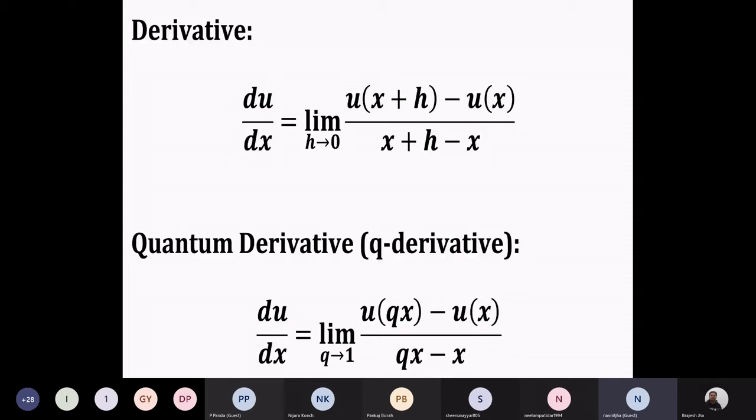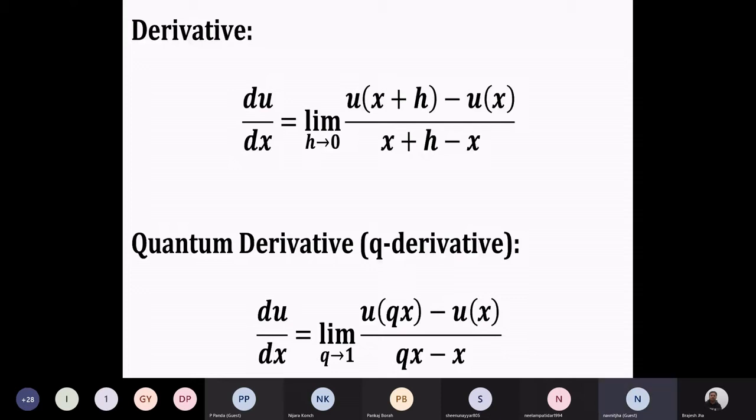This is the big difference. So this q derivative formula is applicable to all types of differential equation, provided the domain should not consist of 0, or it should not be close to 0.